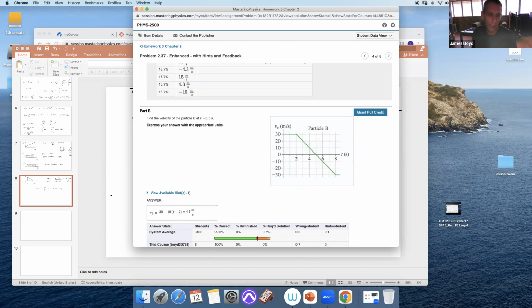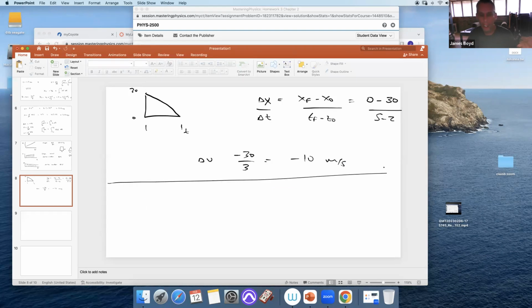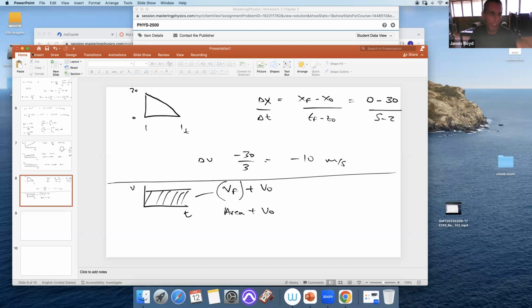That's because we're going to find the area. So if we have some v versus t, what we find here, this area is delta v.